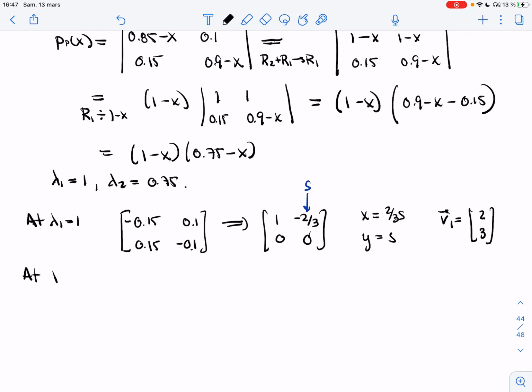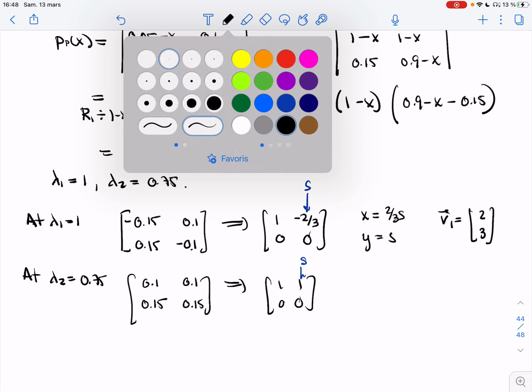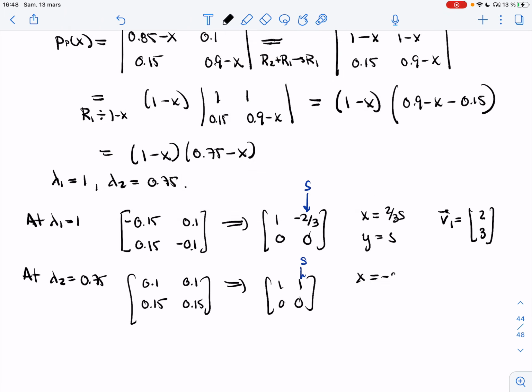If I look at lambda equals 0.75, then I'm going to get 0.1, 0.1, 0.15, 0.15, and so that one will reduce to 1, 1, 0, 0. I'm still going to have the second variable free, so x is minus s, y is s.